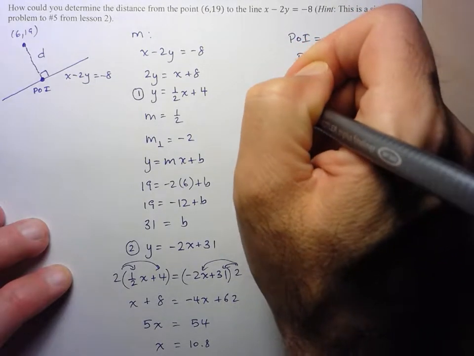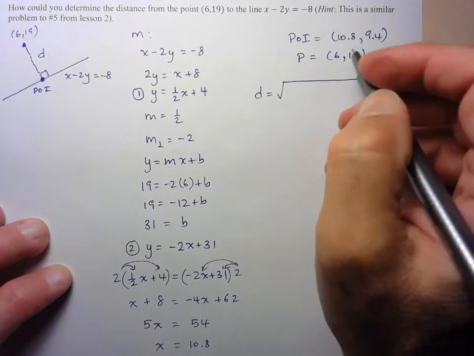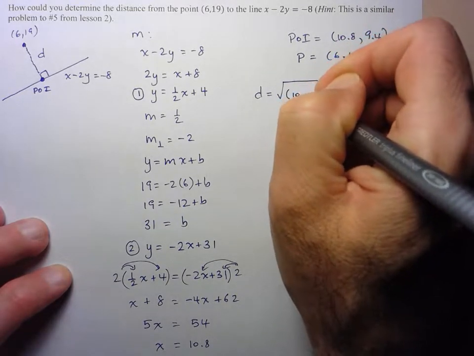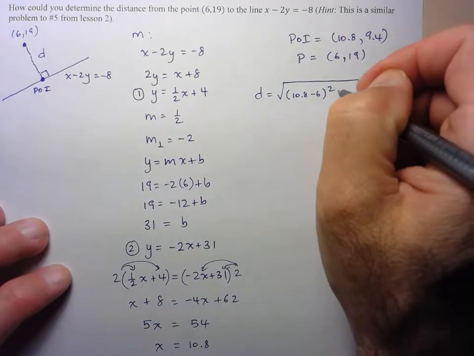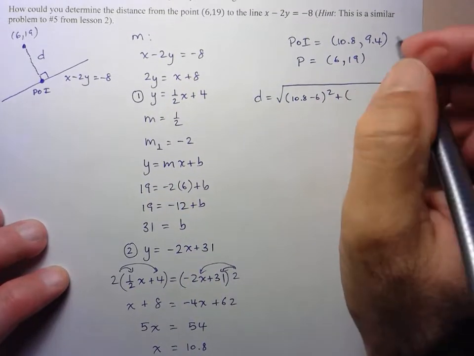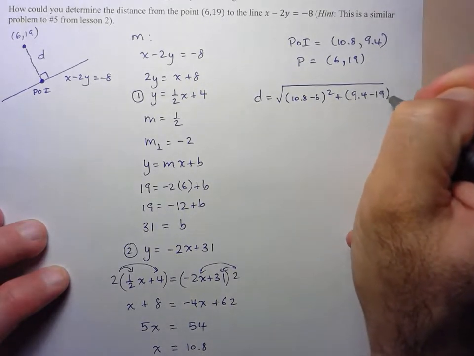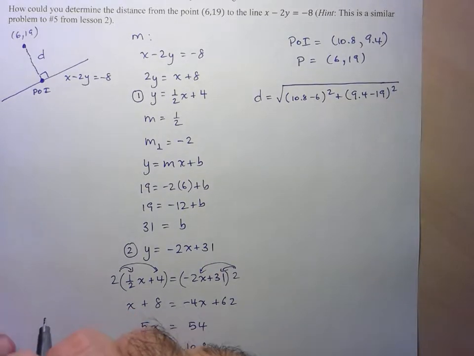So we'll use our distance formula. So we have distance is equal to the square root of the difference in the x's squared, so 10.8 minus 6 all squared, and then we add the differences in the y's squared, so 9.4 minus 19 all squared. Okay, and then from there we'll simplify this.